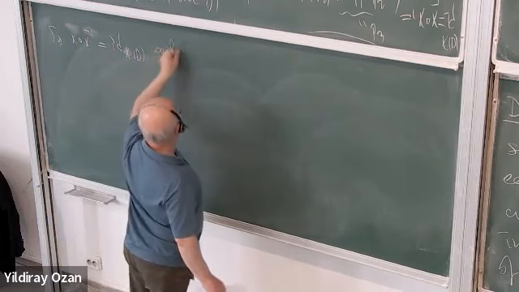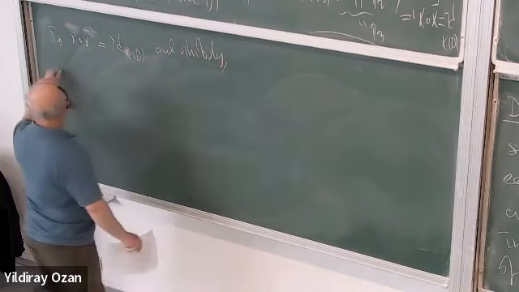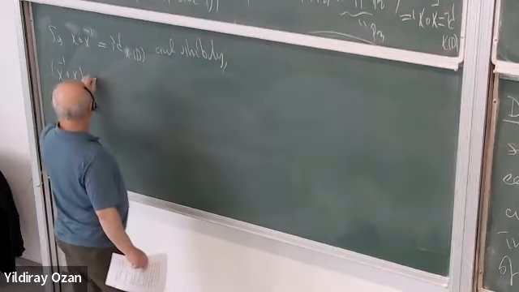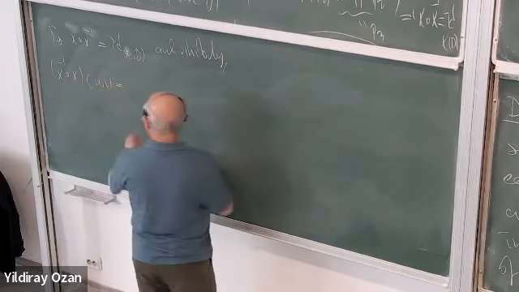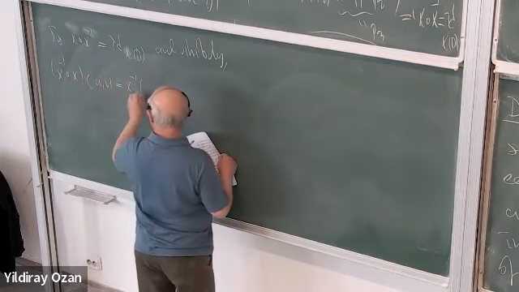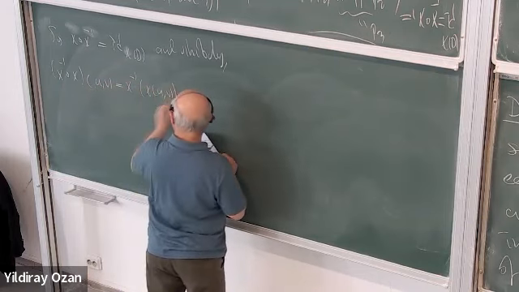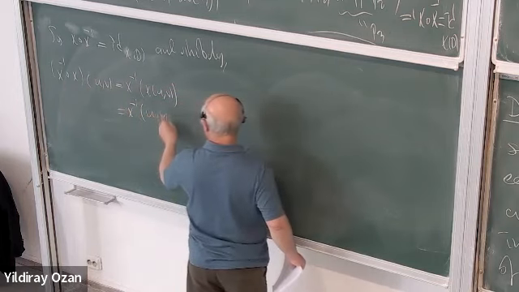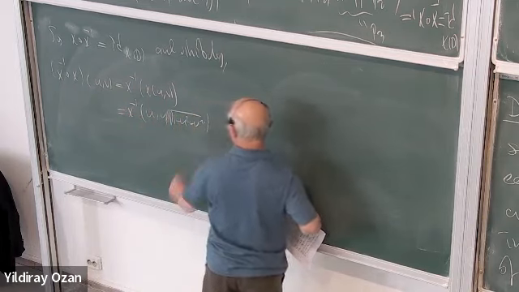And similarly, X inverse composition X of UV, what is this? Well, this is just X inverse of X of UV. X of UV is just U, V, and then the square root of 1 minus U squared minus V squared.